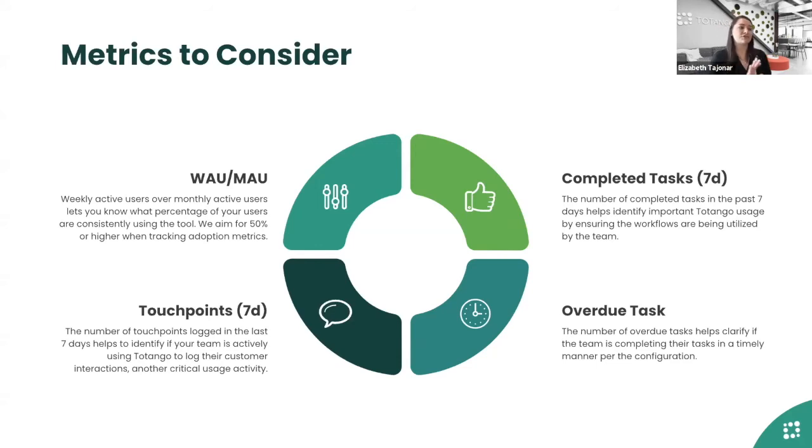The second metric, if you take your eyes to the top right-hand corner, would be the completed task. And you'll see in the little parentheses, this is last 7 days. This was important because we were tracking this on a weekly basis. So I wanted to see over the course of the past 7 days, the number of completed tasks that were occurring across these groups. Of course, week over week, I was looking for that number to increase.